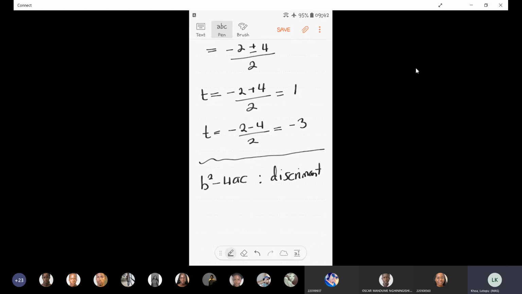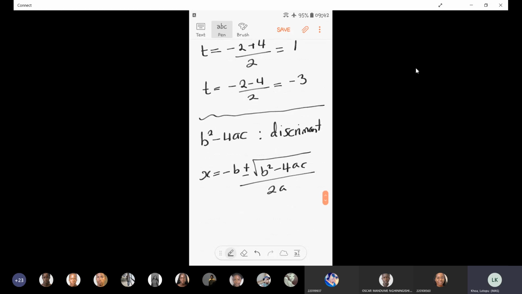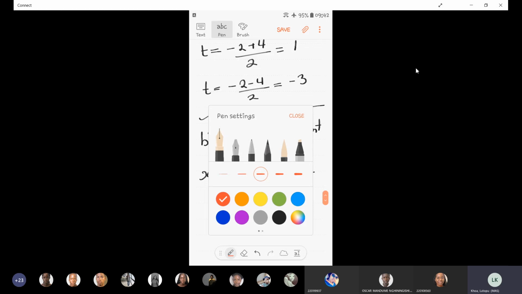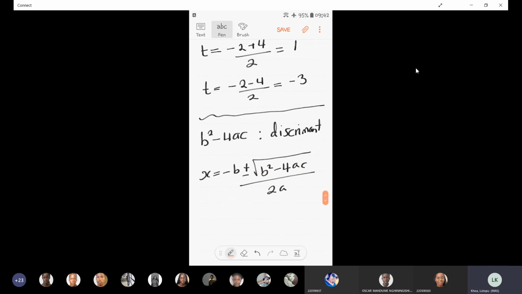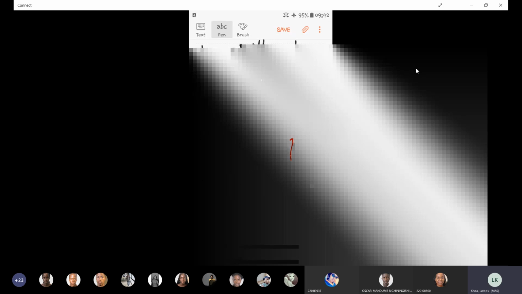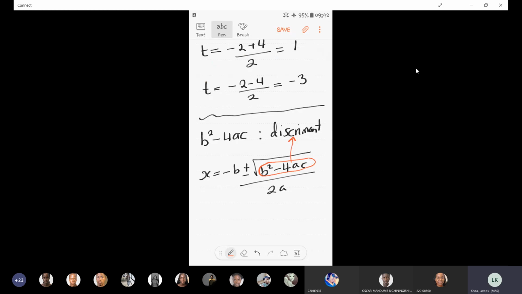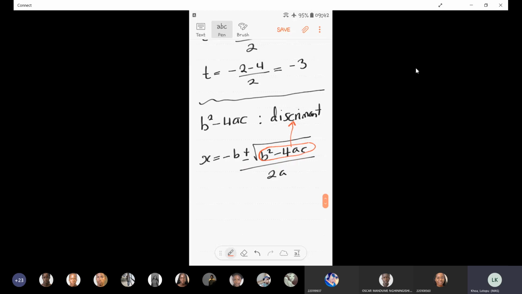We have x is equal to -b plus or minus the square root of b squared minus 4ac, divided by 2a. Now this part, that is what we call the discriminant. Now from the discriminant we can determine the nature of the roots.